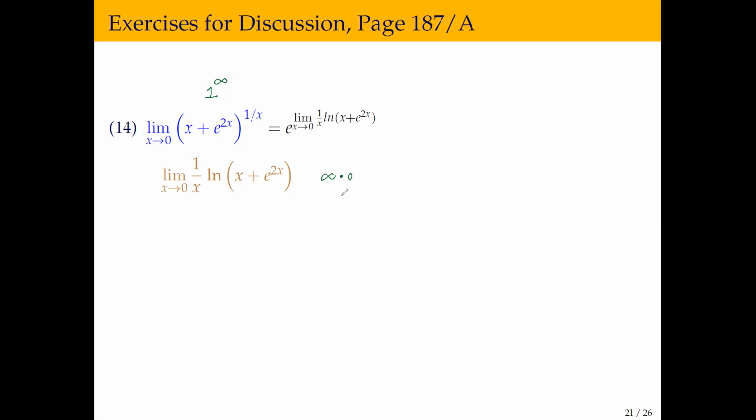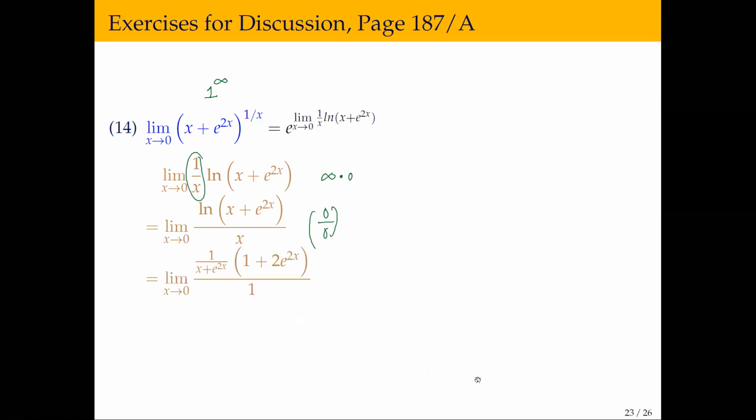Thus, you have to move one factor in the denominator. For this case, we move 1 over x in the denominator. So the reciprocal of 1 over x is just x. So you move that in the denominator, you'll have the following. Now, this is an indeterminate form of type 0 over 0. Thus, you can apply the LHR. Applying the LHR, you'll have the following. So this is just the limit of the derivative of the numerator over the derivative of the denominator.